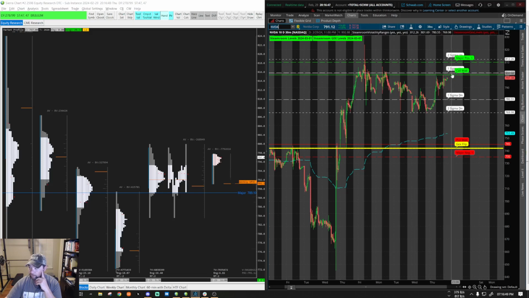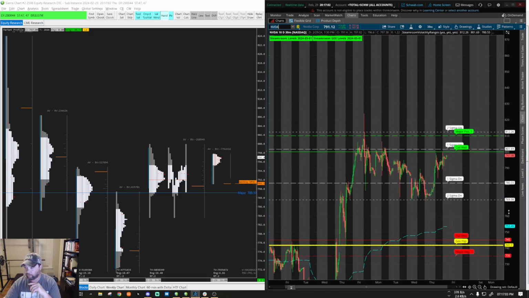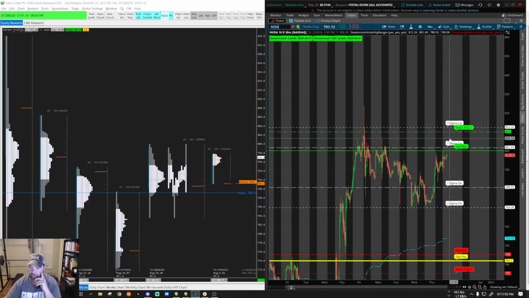We don't have a whole lot of room on the sigma levels. We have pretty strong resistance here at the call wall. One thing on the walls on the equity names is they act as really good resistance. But when you open above them, if you can find support there at a previous day's high call wall, then I would want to play that long and look for a move up.